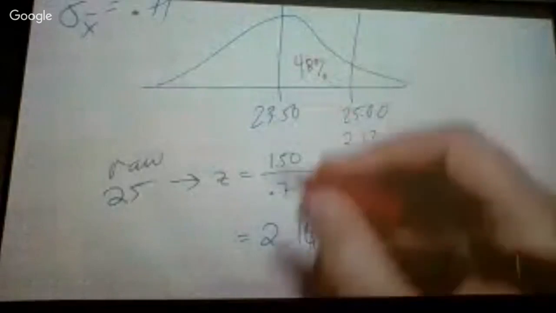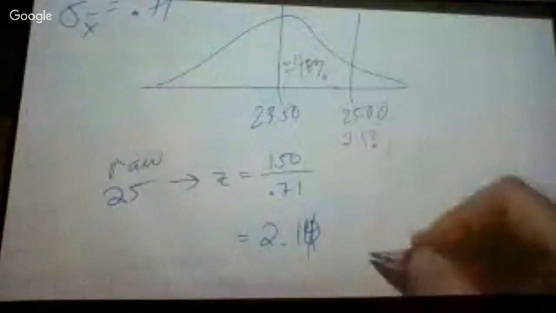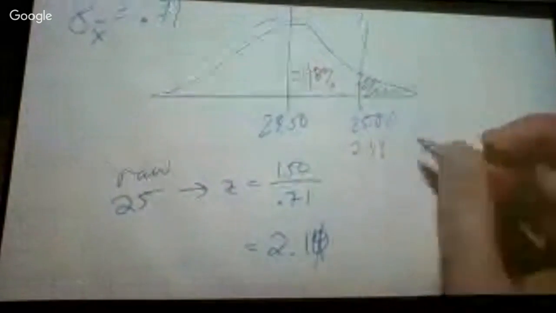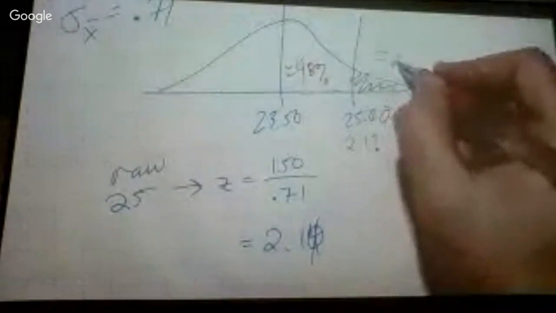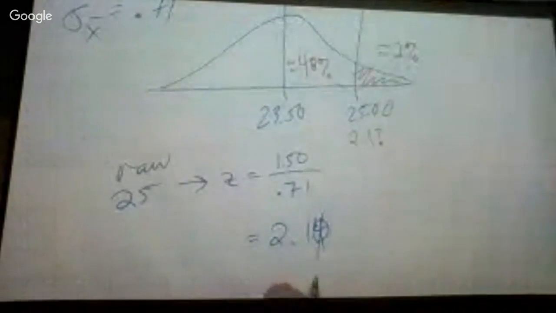You're getting an area here of about 48%, which means that greater than 25 is approximately 2%.